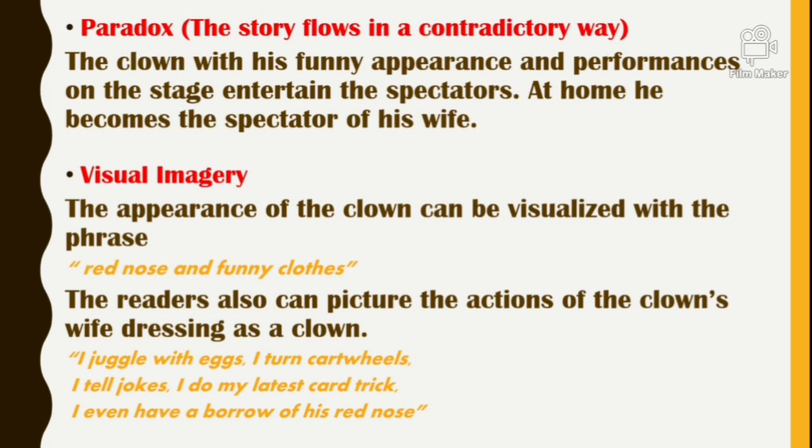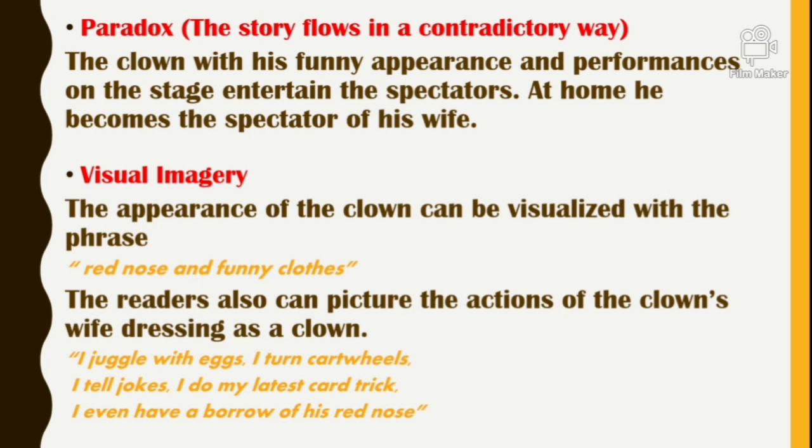This is a very significant technique in the poem because with the descriptive language used by the poet, we can visualize the image of a clown. So, for example, with the phrase red nose and funny clothes, as I have quoted here, you can visualize the image of a clown.